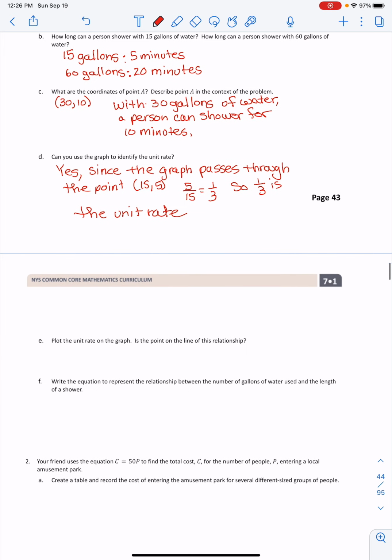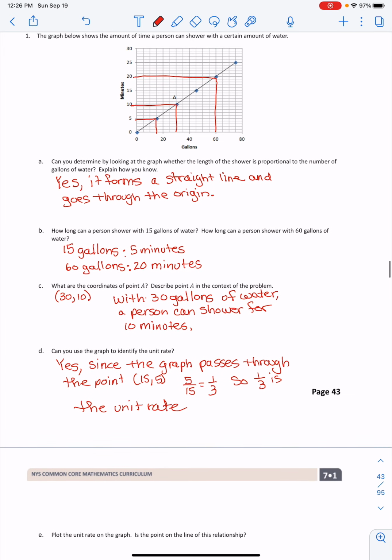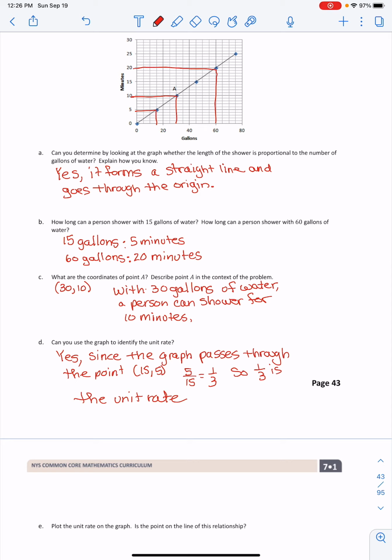So next, it says plot the unit rate on the graph. Is the point on the line of this relationship? So we have to have, remember, 1/3. It's 1/3 over 1, ladies and gentlemen, okay? So you have to remember that.